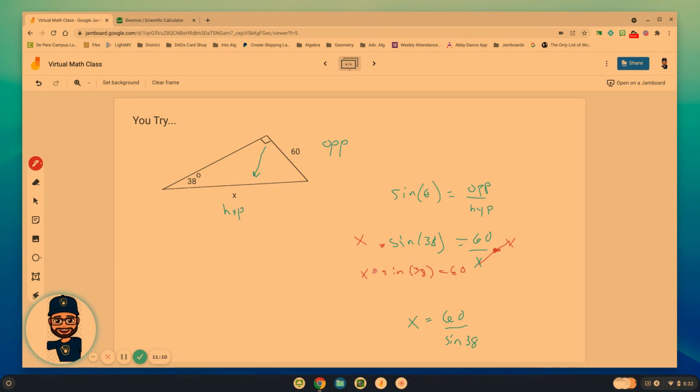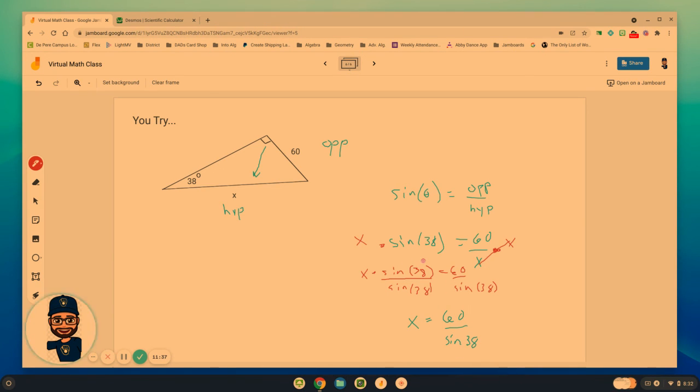Remember from earlier, though, that the sine of 38 is just some really weird random decimal. So to move it, I would divide by that random decimal. Or in this case, we divide by the sine of 38. And so what really just happened when x is on the bottom is that it switched places. Right? X equals 60 over sine of 38.